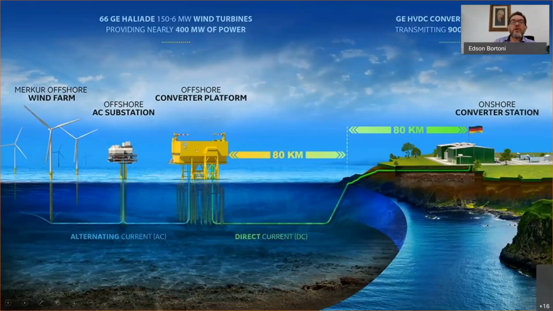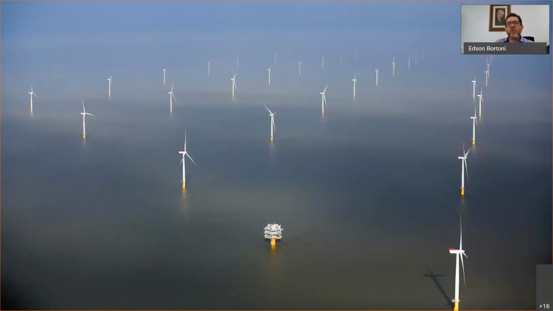You convert this variable frequency to DC, transmit it through a DC transmission line, and at the land you convert the DC to AC at the frequency you want. So that's how it works.